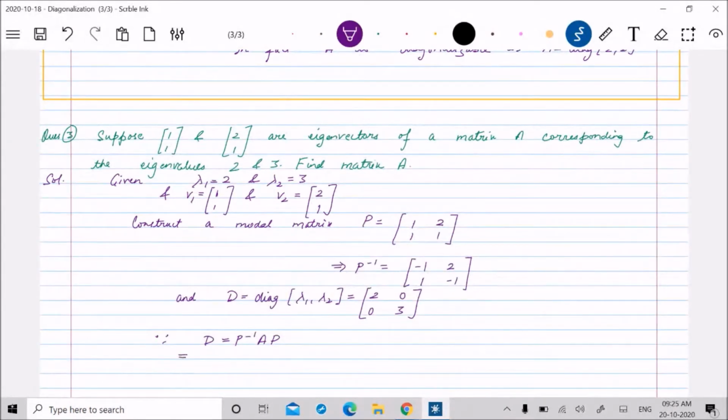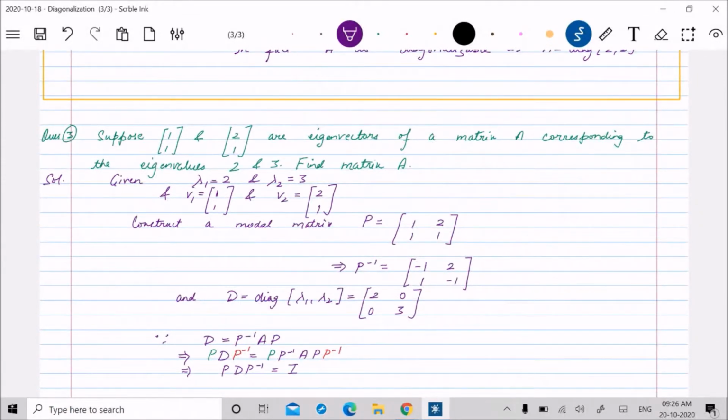And then on pre and post multiplication, I will do that in a single step now. P inverse A P. With the red color, I am doing the post multiplication, and with the green color, I'm doing the pre multiplication by P, right? And that gives me now P D P inverse. You can see that this will become the identity matrix. P into P inverse is identity.